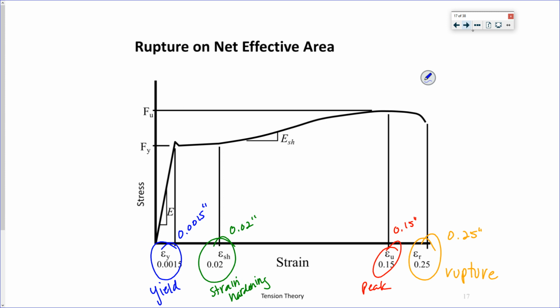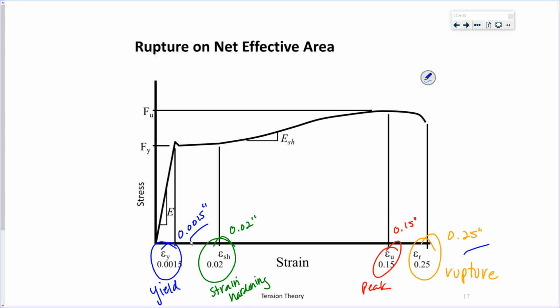The difference from yielding to rupture has decreased, right, 100 times. So there's not much difference from the onset of yielding to rupture. I mean, 1/4 of an inch, right? You know, I don't know how much that is. It's like my fingernail or something.